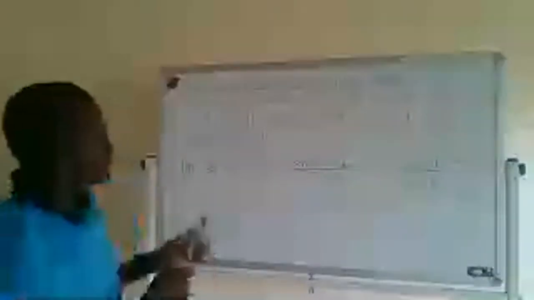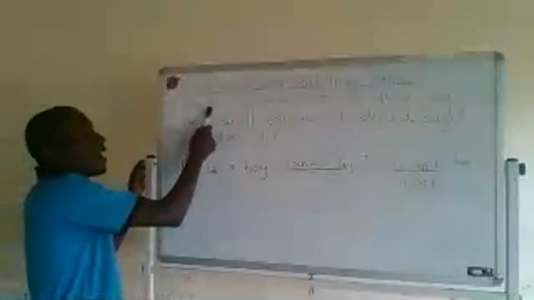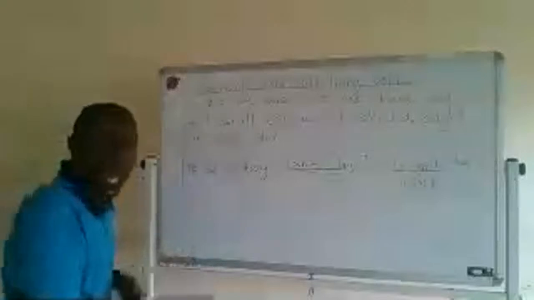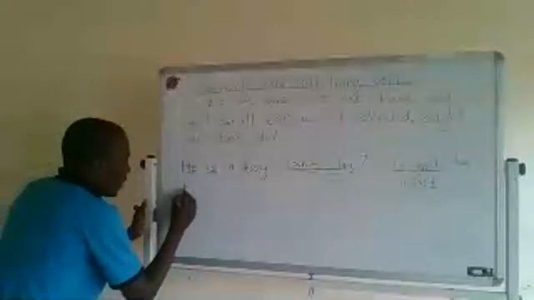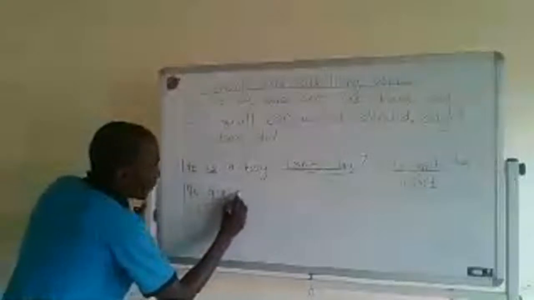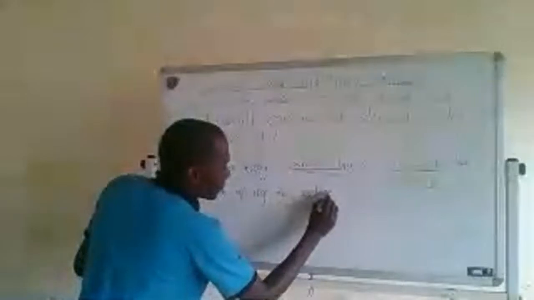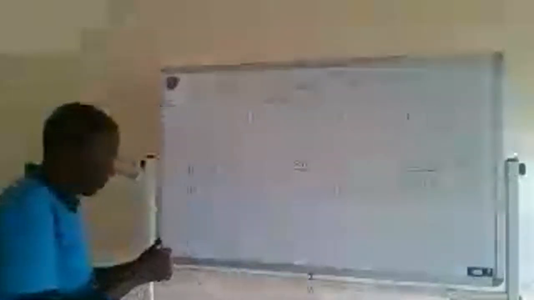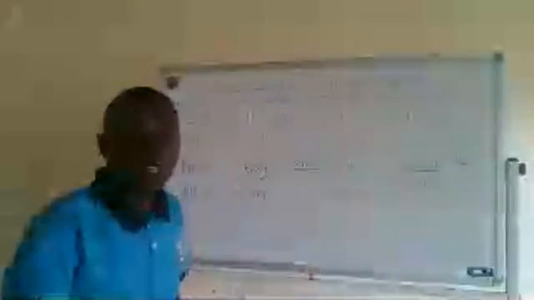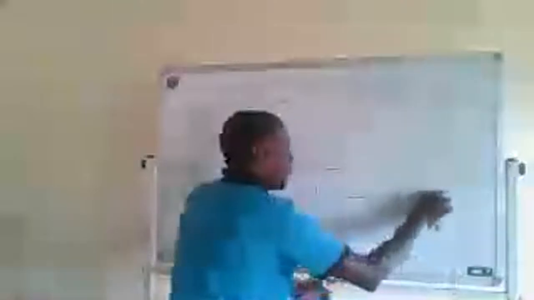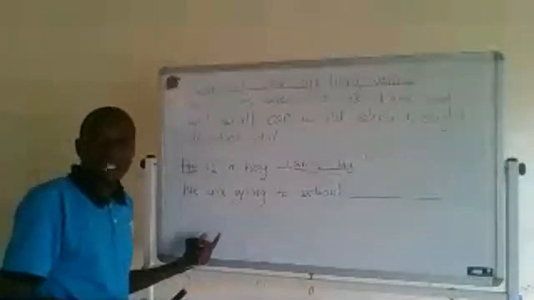So for that matter, we can look at another example: we are going to school. When we want to give a question tag, we look at the subject pronoun that has been used in the statement.